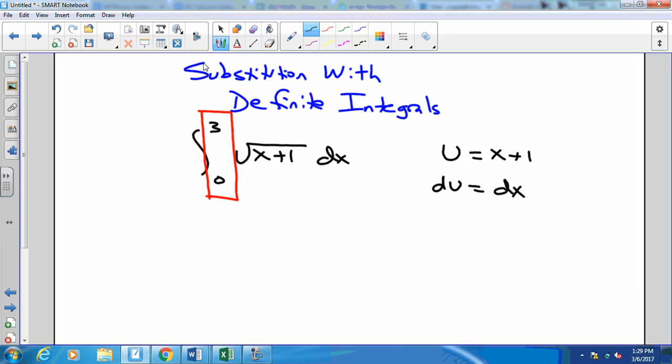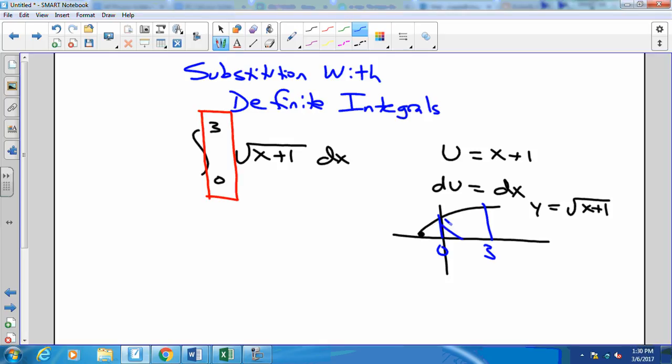The integral right here represents the net signed area under the curve of the region bounded by y equals root x plus 1, from x equals 0 to x equals 3. And this integral is equal to that area, the value of that area right there.